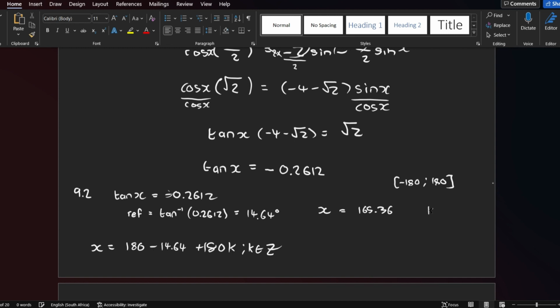And we get x to be negative 14.64 degrees when k equals negative 1, because those are the only two values of k which give us x values within this interval. Okay, so we have now solved for the expression.